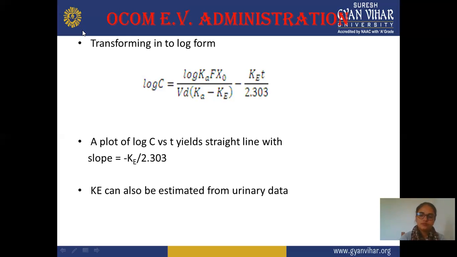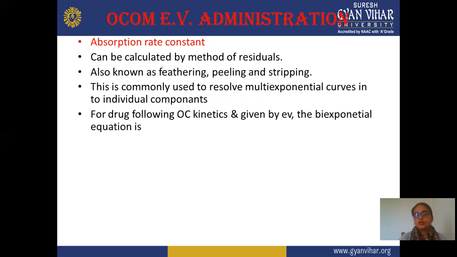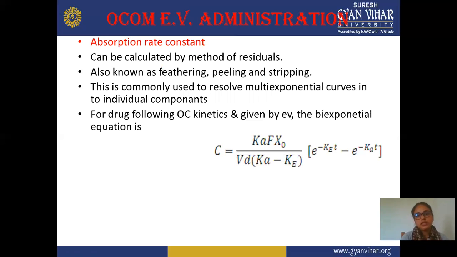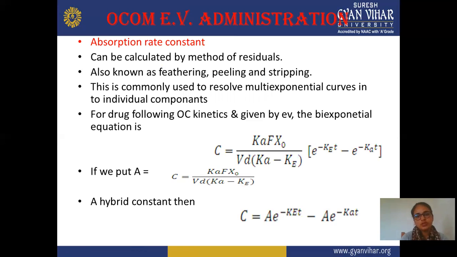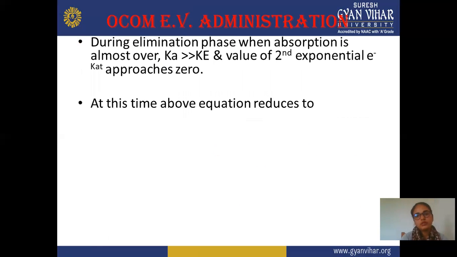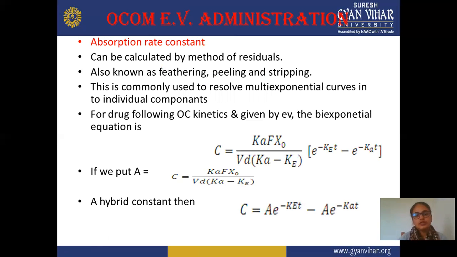Next, the absorption rate constant for the one compartment open model with extravascular administration. It can be calculated by the method of residuals, also known as feathering, peeling, and stripping. This is commonly used to resolve a multi-exponential curve into individual components. In the previous slide we saw the elimination rate constant.